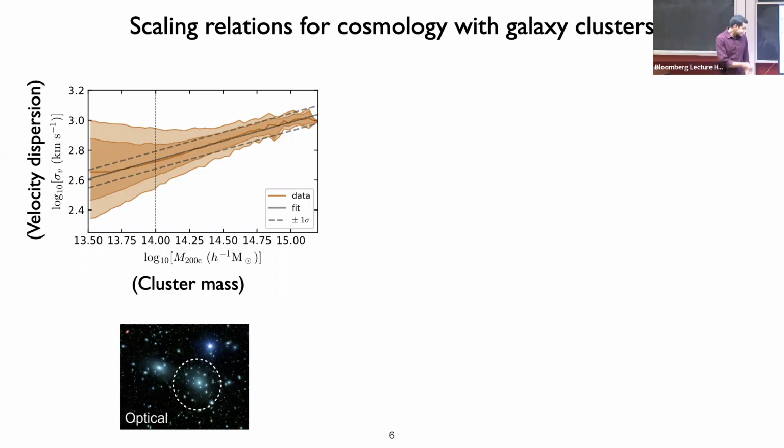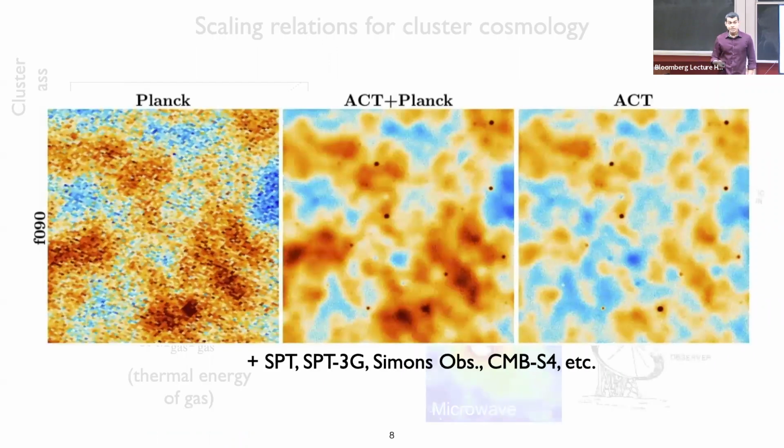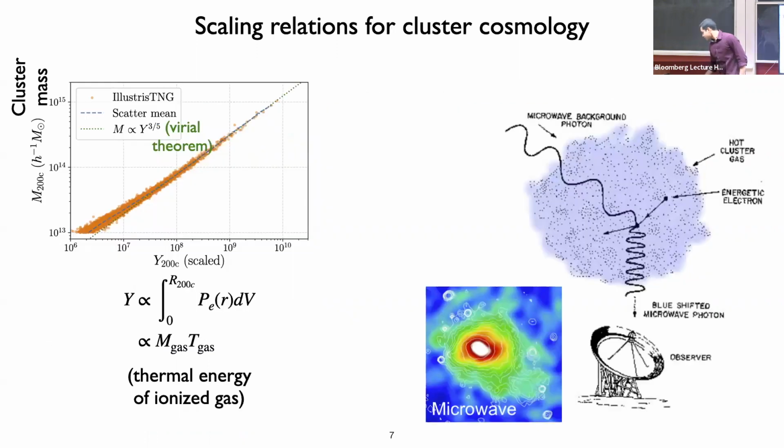Okay, so this is done in optical surveys, but we can also observe clusters in CMB surveys. This uses the thermal Sunyaev-Zeldovich effect, or the inverse Compton scattering effect.